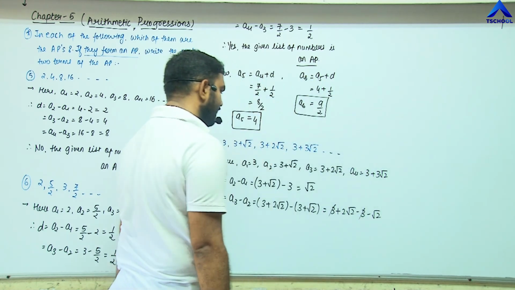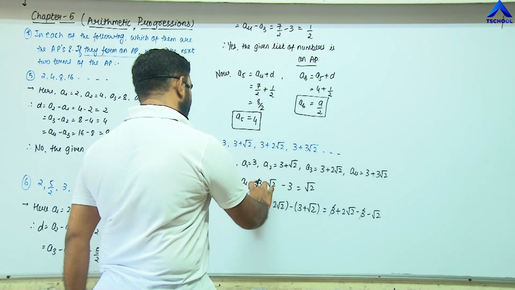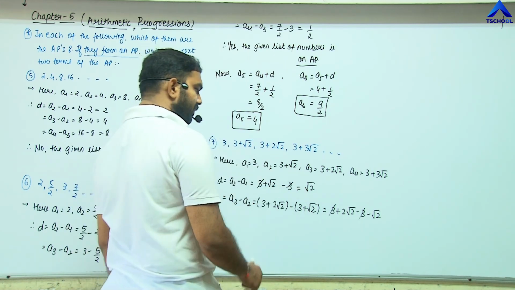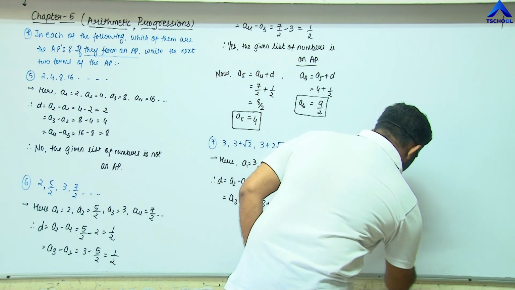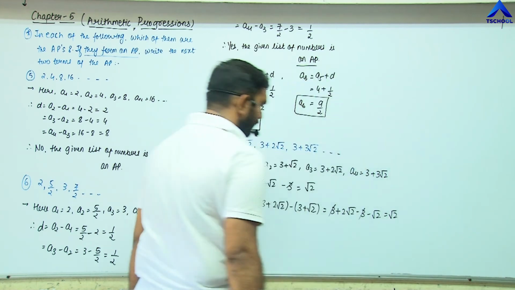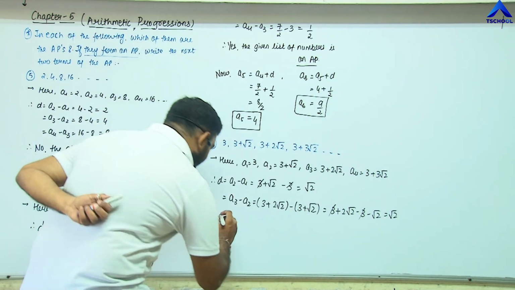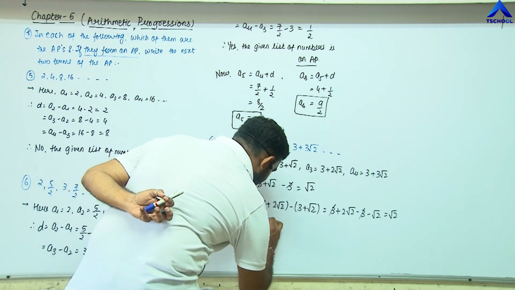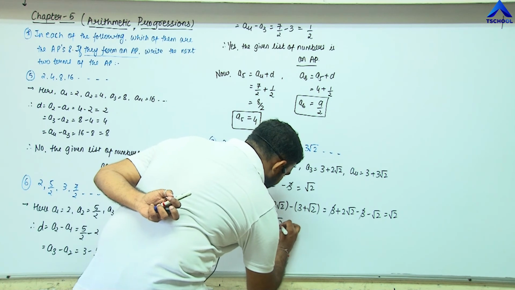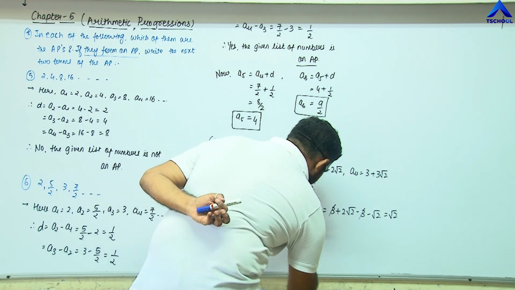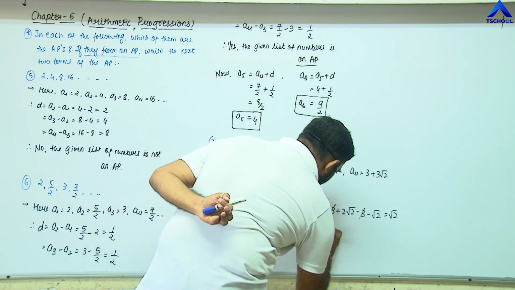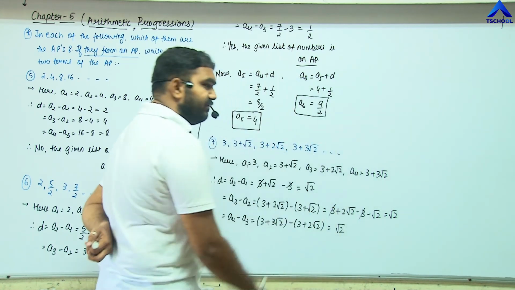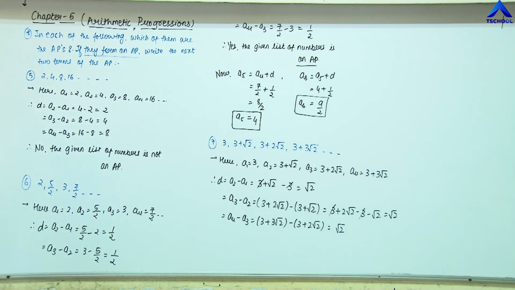Minus 3 plus 3 is cancelled out, and then 2 root 2 minus root 2 is again equal to root 2, right? Similarly, for the next one, A4 minus A3, that is 3 plus 3 root 2 minus (3 plus 2 root 2), it will be again root 2 in the same way that we have solved for the previous difference.